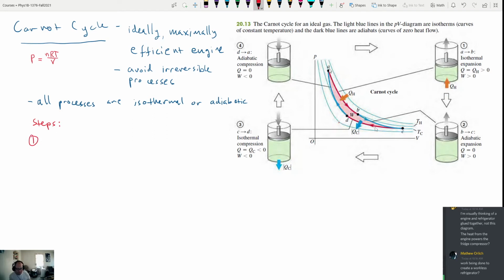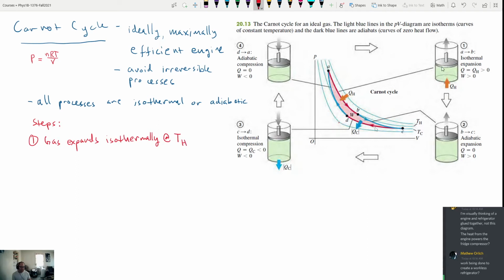And you can see going from A to B, the volume is increasing. Okay, so here we're going to say that step 1 is that the gas expands isothermally, so it expands at the same temperature, at temperature TH.